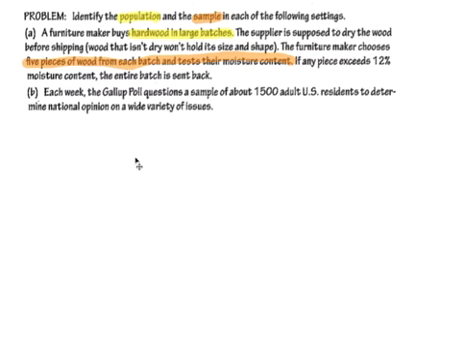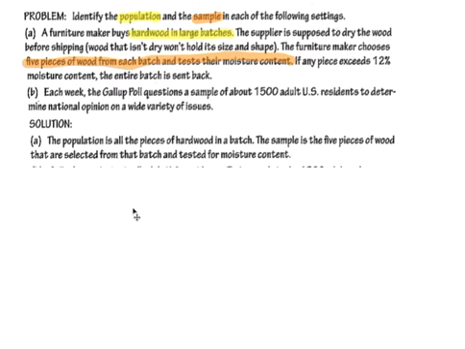One thing you really have to get used to in AP Statistics is making sure that you are always writing in complete sentences that make sense and make you sound super smart. The solution the book gives for example A is: the population is all the pieces of hardwood in a batch, and the sample is the 5 pieces of wood that are selected from the batch and tested for moisture content.